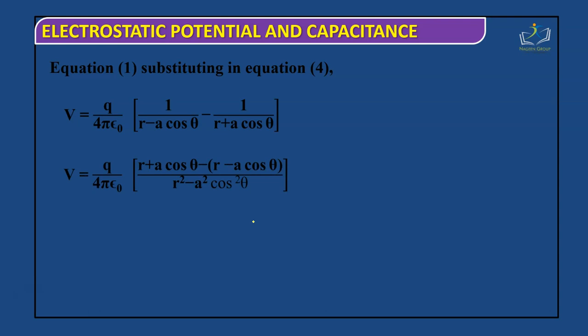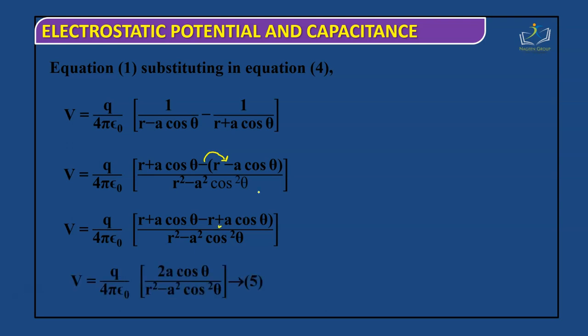Taking the cross multiplication, we get R plus a cos theta minus R minus a cos theta divided by R square minus a square cos square theta. Here, because of the negative sign, this negative converts itself to a positive.